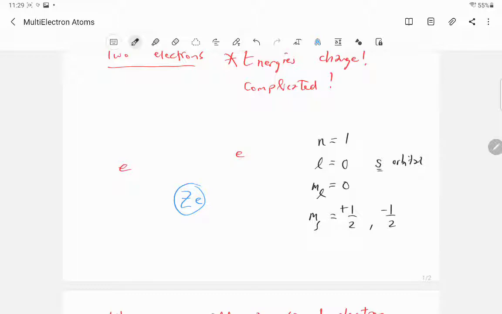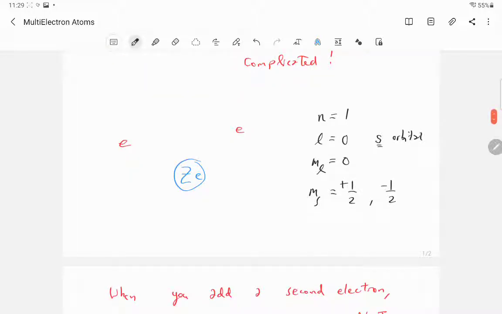So if we say that our two electrons have quantum numbers 1, 0, 0, plus 1/2 for one electron, and 1, 0, 0, minus 1/2 for the other electron, we're good. We've got two electrons in an atom, their quantum numbers are different, and we are obeying the Pauli Exclusion Principle.